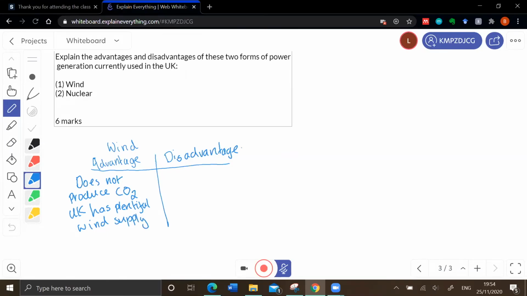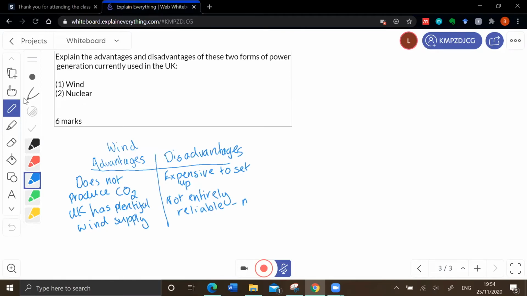Disadvantages? Okay, so again, like we said before, it could be expensive to set up, but it could be a good investment. Expensive to set up. Another disadvantage: not entirely reliable. If it's not windy, obviously there are ways you can overcome that by storing energy in batteries, which we're doing now with today's technology.